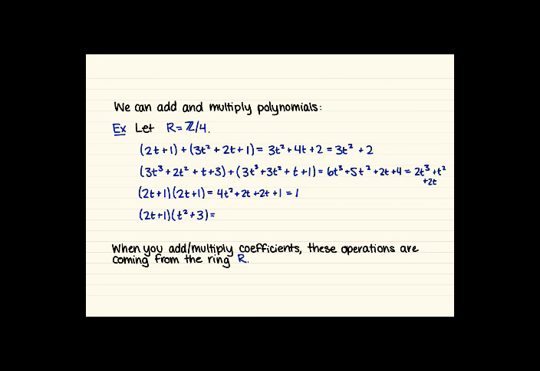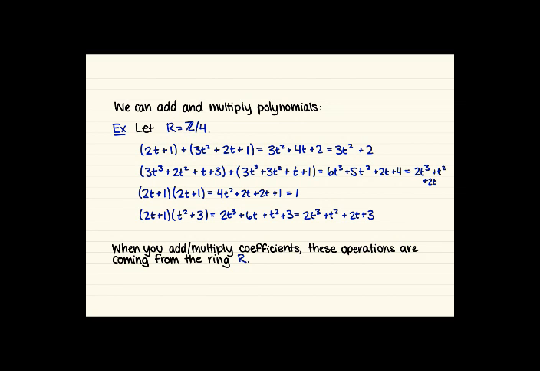And if we multiply something like 2t plus 1 times t squared plus 3, we get 2t cubed plus 6t plus t squared plus 3. So 2t cubed plus t squared plus 2t plus 3.